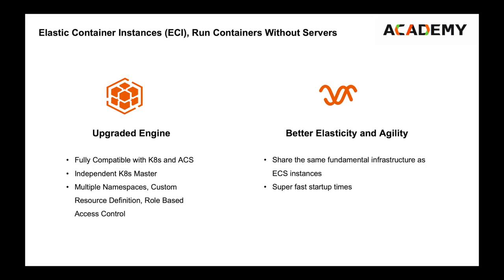So if you want to build a serverless Kubernetes cluster, you can tell Kubernetes to launch all of its containers using ECI, using the ECI engine, and then you don't have to manage your Kubernetes worker nodes because there are no worker nodes for you to manage. ECI takes care of it for you. So you get great elasticity that way, and you pay only for the actual deployments that are running on your K8S cluster. You don't have to worry about allocating and running your own ECS instances.